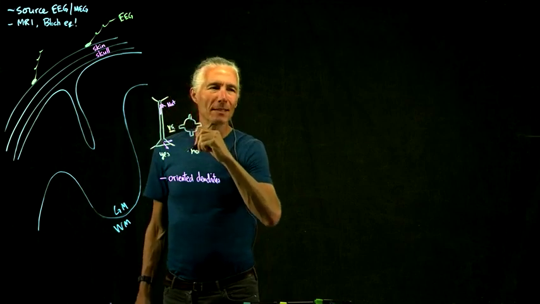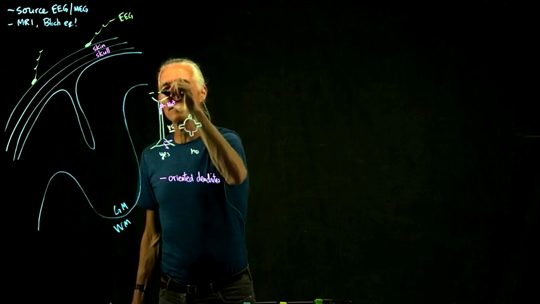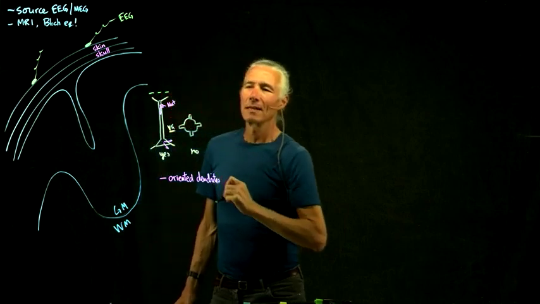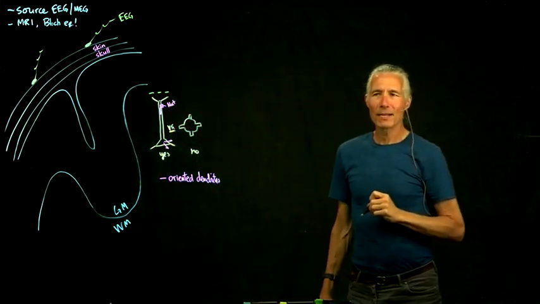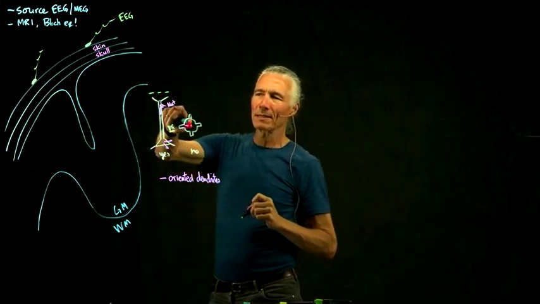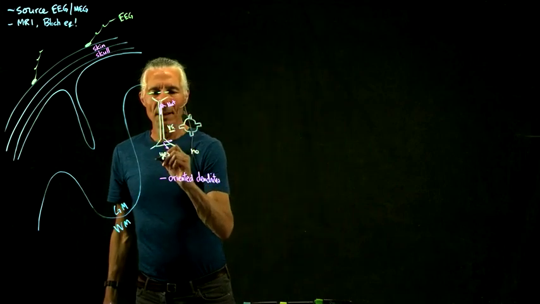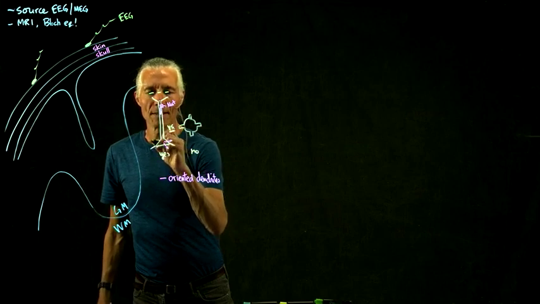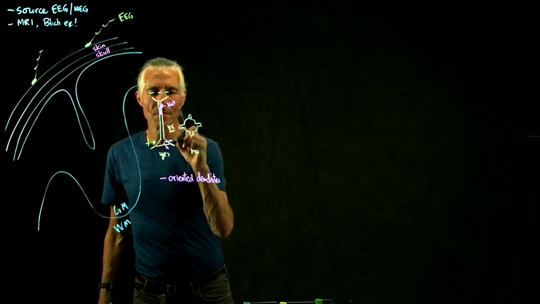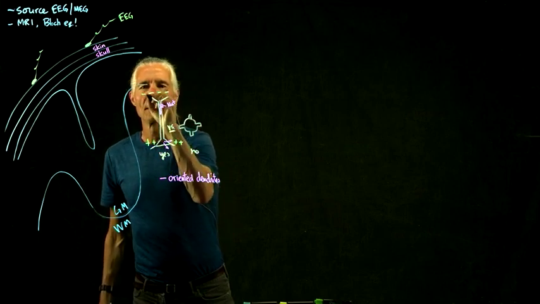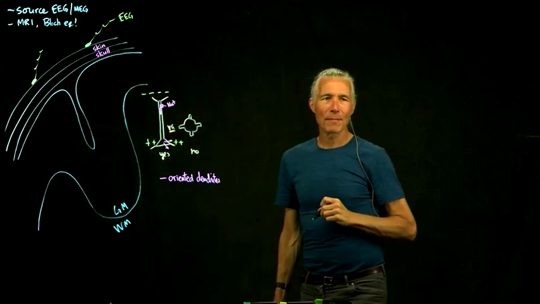And so what does that do? That makes some minus. So you get some minus in a place where the plus is going into the cell, and then you get some plus down here, at the bottom where the plus is coming back out of the cell.